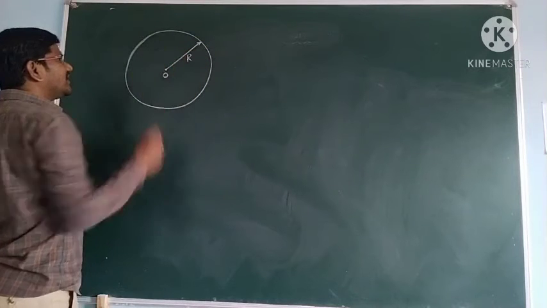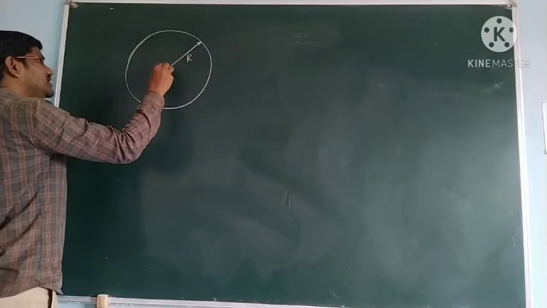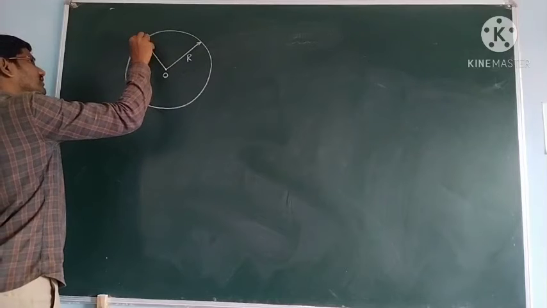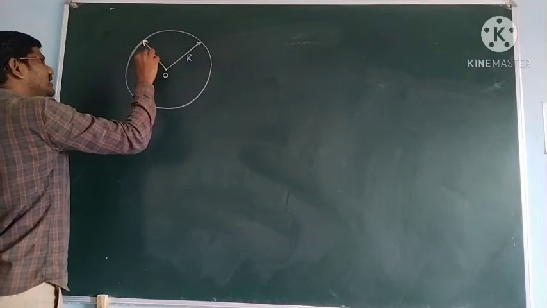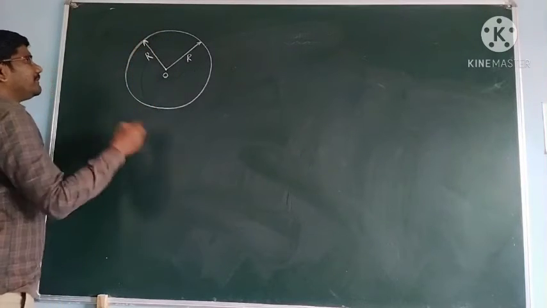So this is the radius, and again from center to any point on the circle, this is also radius r.